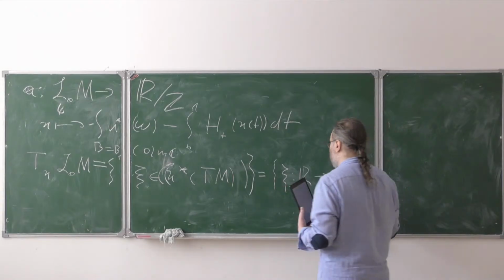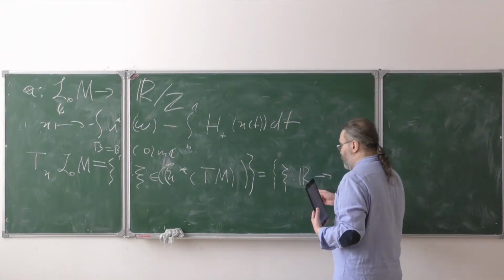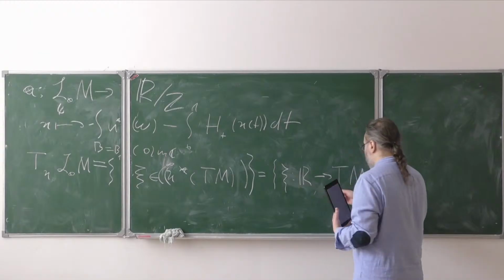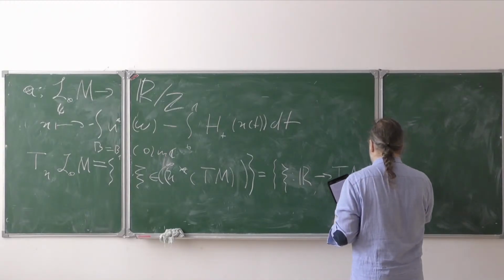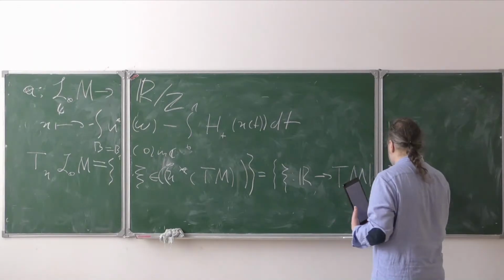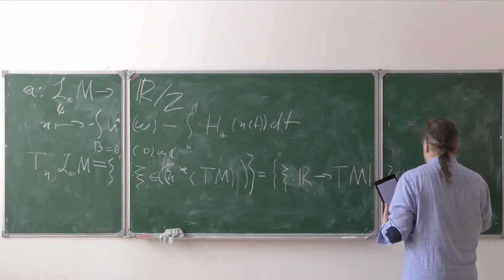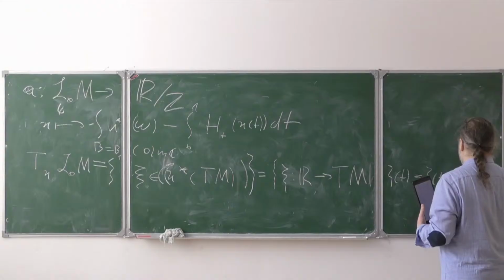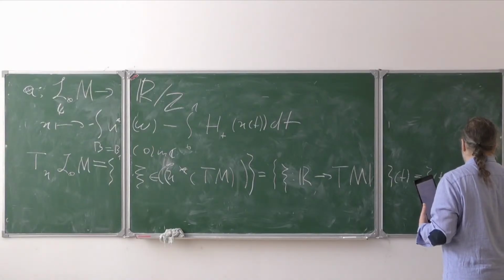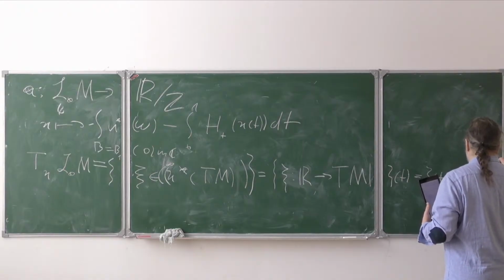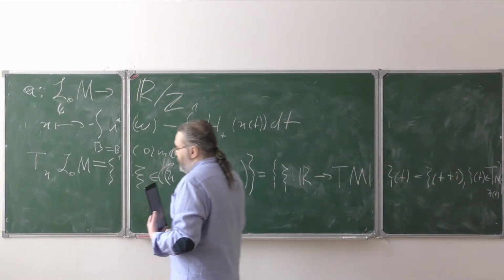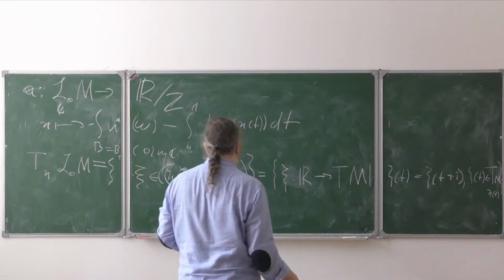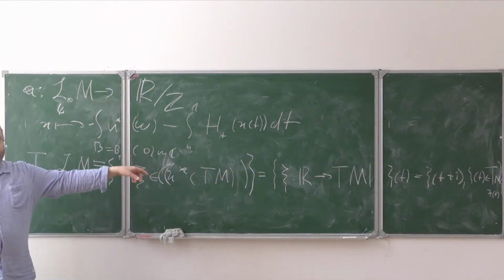We take the space of all maps from R to the tangent bundle of M, such that psi of t is psi of t plus 1, so the map is one periodic, and secondly, psi of t is inside T_x of T M, meaning psi of t belongs to the tangent space to M at x of t. Okay, does this notation make sense?